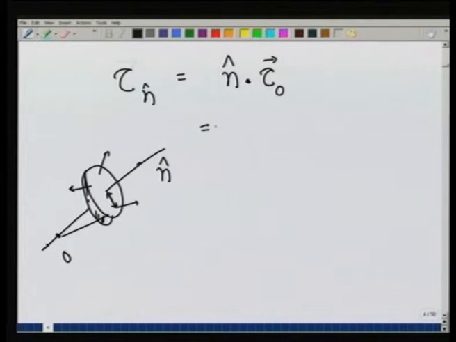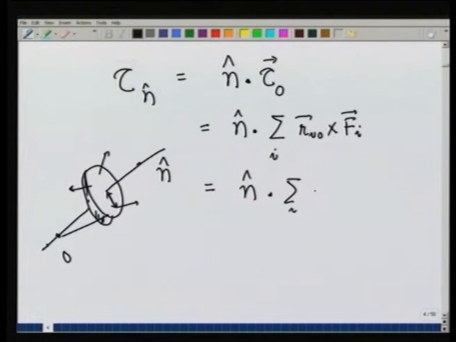So, this I can write as n dot summation over i of R_iO cross F_i, and to emphasize that this is really independent of the origin, I will write it further as n dot summation over i of R_i cross F_i. I have removed this index O.